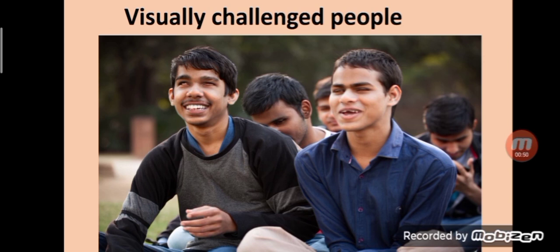These people who are unable to see the world are called visually challenged people. The other senses of these people, like touch, smell, and hearing, are very strong. They normally have a feel of their surroundings by touching, smelling, or hearing sounds.